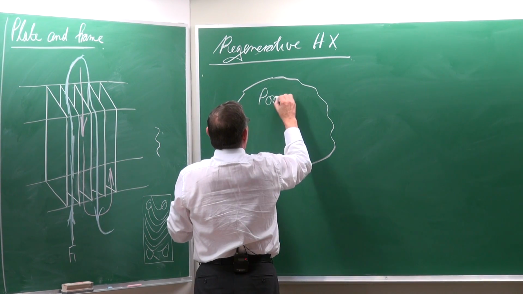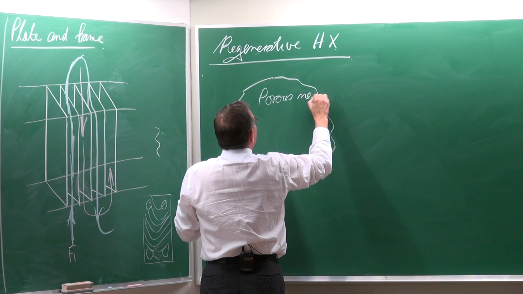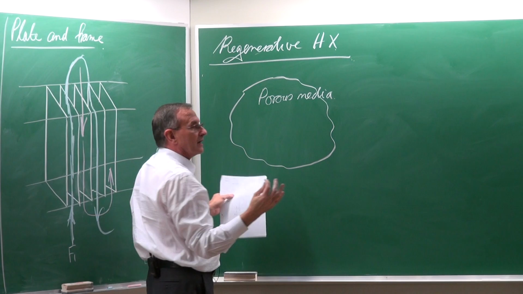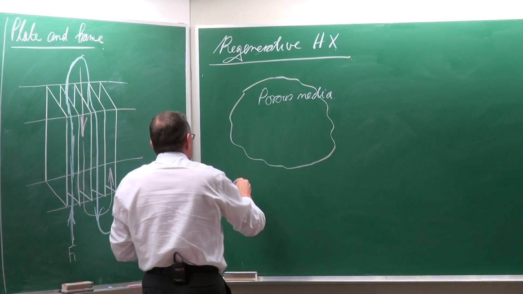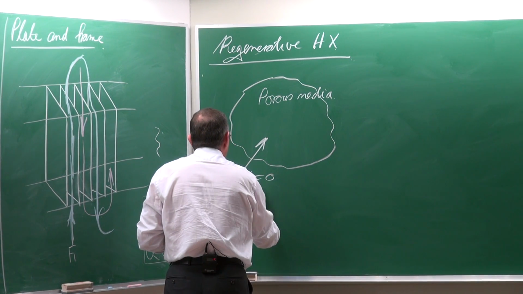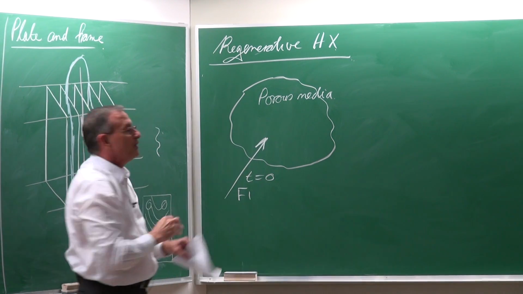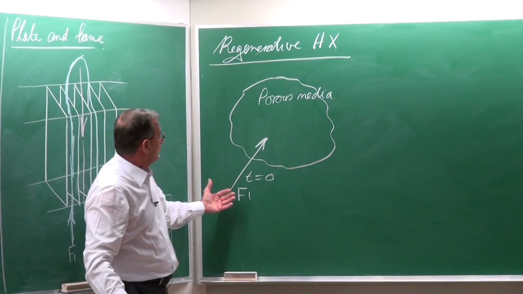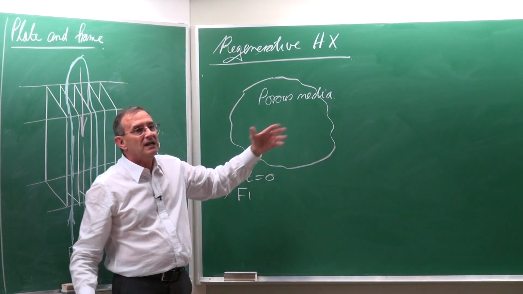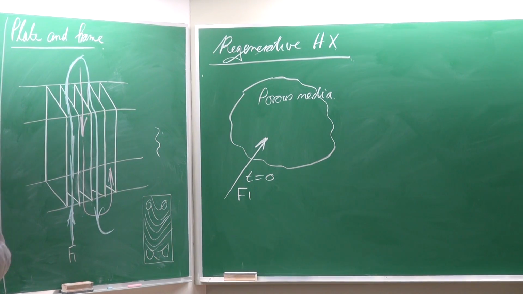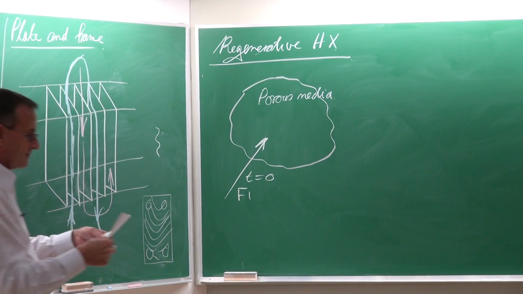The porous media would typically be a ceramic wire. At T equals 0, we will have fluid 1 going through the porous media. Let's suppose this fluid is a hot fluid. Then it would increase the temperature, it would start storing all its heat there.